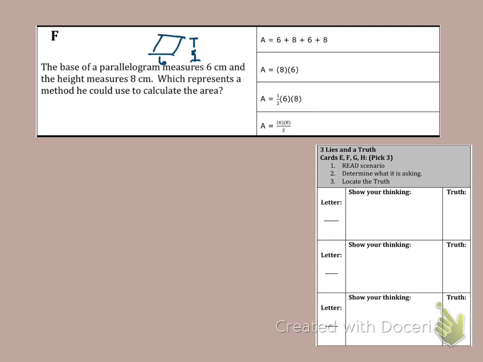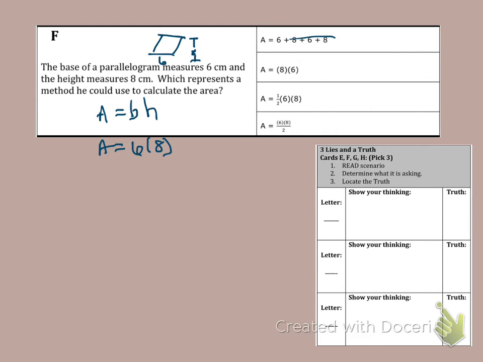So how do we calculate the area of a parallelogram? It's on our star chart. Area of a parallelogram is your base times your height. So if we have a base of 6, it would be 6 times your height of 8, right?